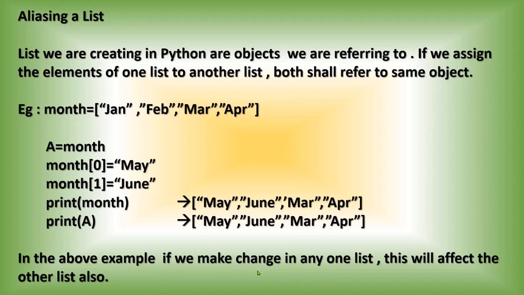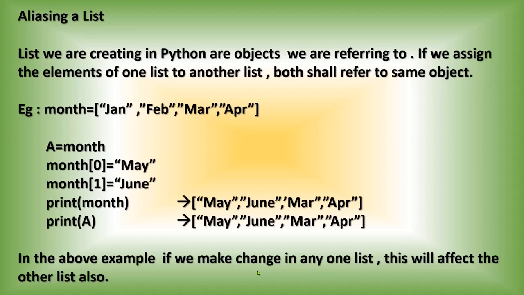Means the content of the variable month will be copied to the variable A. A equal to month means whatever is on the right side will be copied to the left side, which we already studied, that assignment operator. Assignment operator means the right side of the assignment operator will be copied to the left side. Here month is the right side and it will be copied to A. And see the difference.